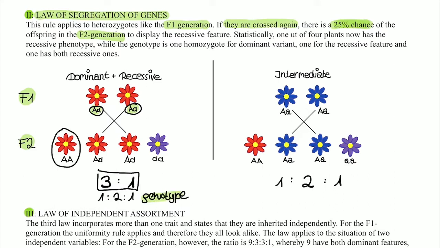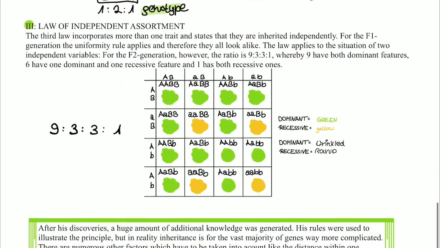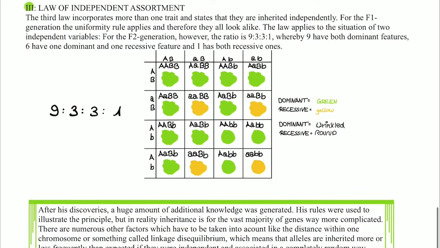And then of course there's the third law. So far we've just looked at one feature, which in our case was the color of the flowers. Now we're talking about independent assortment, where we take a look at two traits. For the F1 generation, again, the uniformity rule applies and therefore they will look alike.